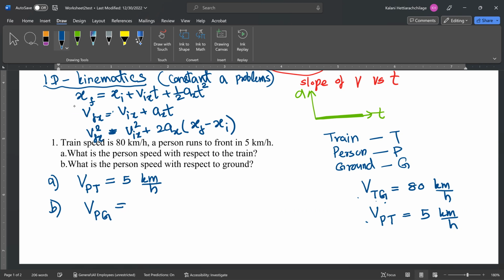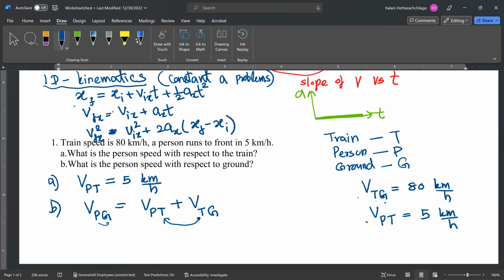So always when you see P and G, you can insert the other frame you have in the question. So the other frame, this is person and ground, the train is not there. So I can add the train in here by writing the person's speed with respect to the train plus the speed of the train with respect to the ground. You see that this T and T are here, right?